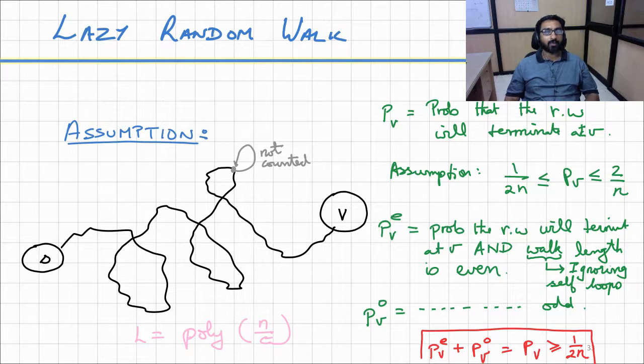Let's denote by PV the probability that the random walk will terminate at V. And remember this, we assumed that the random walk was of the lazy type. A quick exercise for you is to convince yourself that such a lazy random walk will actually have a stationary distribution that's uniform over all the vertices.